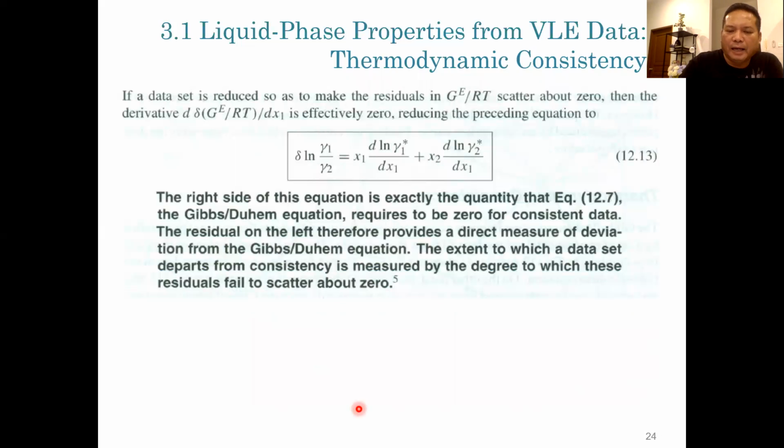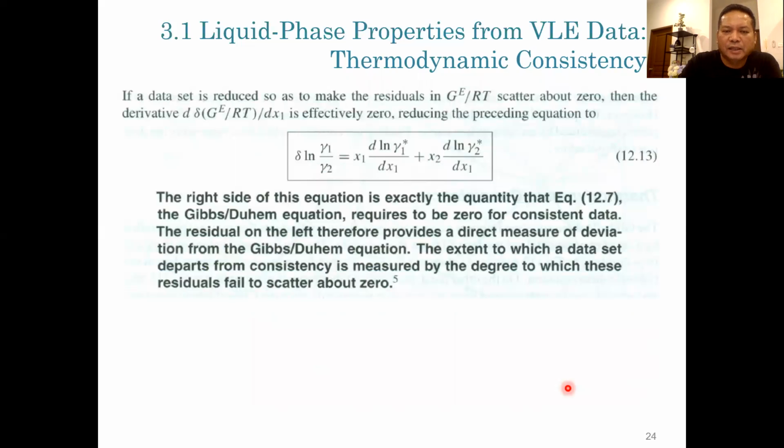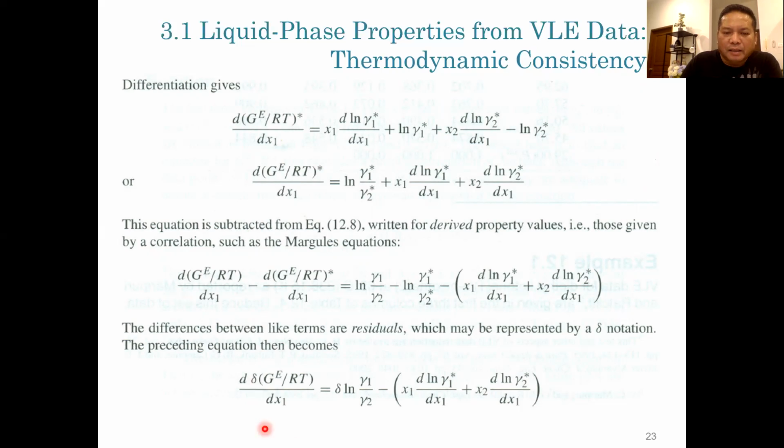And then as it approaches an ideal solution, this will be 0, isn't it? So delta GE should be equal to 0 when it is an ideal solution.